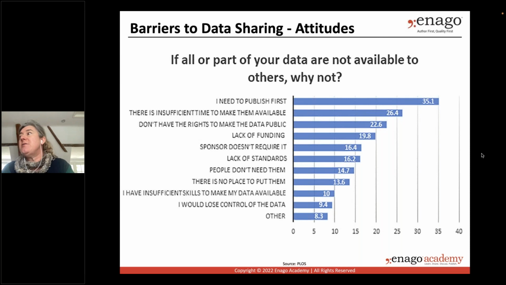They may not have the right to do so, and they may not have the funding to do so, and that might be around the time or the resources to get somebody in who's an expert. It might be that they don't have the funding to put the data into a sufficiently reputable repository. I think a lot of these look like excuses to me, but at the moment there are real reasons that people have given, and that's something important to remember and think about how to counterbalance those and strengthen reasons to share.